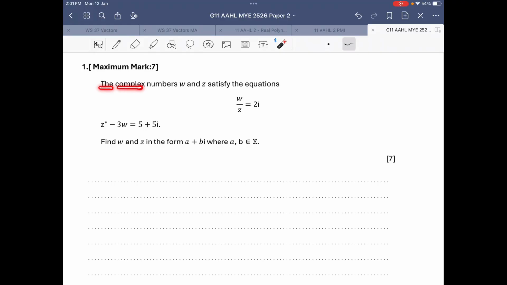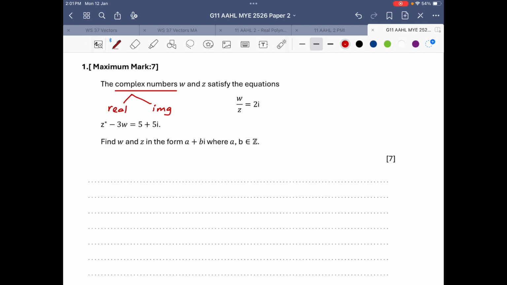The complex numbers W and Z satisfy the equations below, and also this. A complex number has a general format with two parts: one part for the real number, another part for the imaginary number.